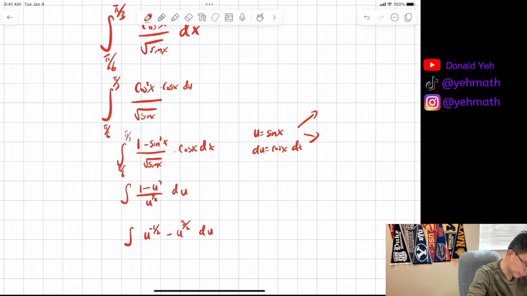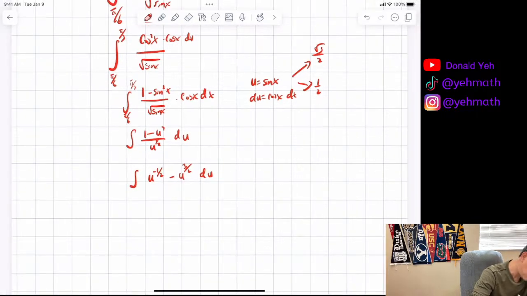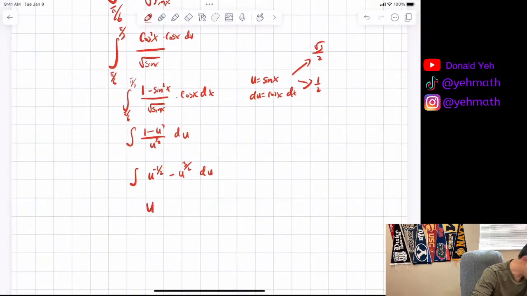Okay, so when you switch to u, you have to plug in pi over 3 for u. So square root of 3 over 2. So you just did this, but instead of sine, you had x, and then your bounds were sine of this and sine of that. Oh, so there's no sine, there's a u.